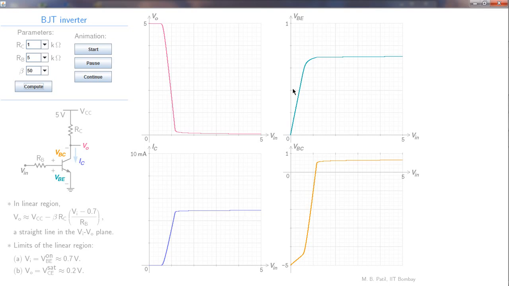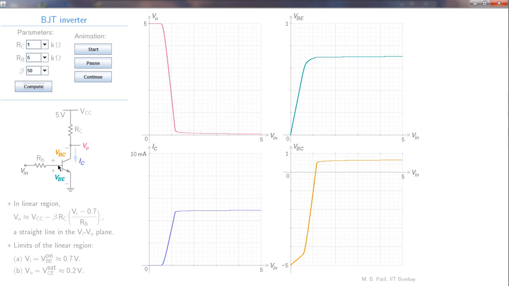Let's look at VBE versus VI now. In the beginning, the transistor is off. We are now in this region where the transistor is in cutoff. VI and VB are the same, so therefore VBE is equal to VI. And that's just a straight line with a slope of 1 passing through the origin. So that is what that is. And at this point, the transistor enters the linear region.